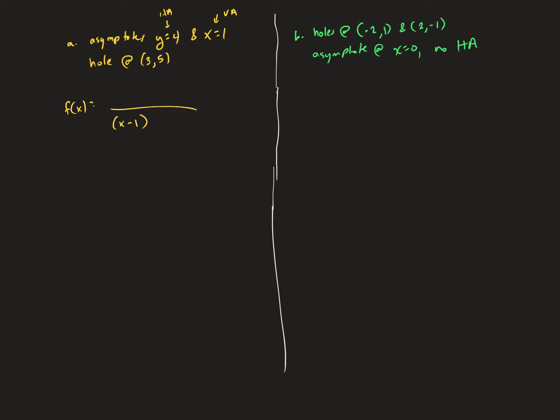Now, that takes care of this piece. If we look at the hole at (3, 5), that means we have a cancelable factor of x minus 3. So we have x minus 3 on top and bottom. That's what makes it a hole rather than a vertical asymptote.